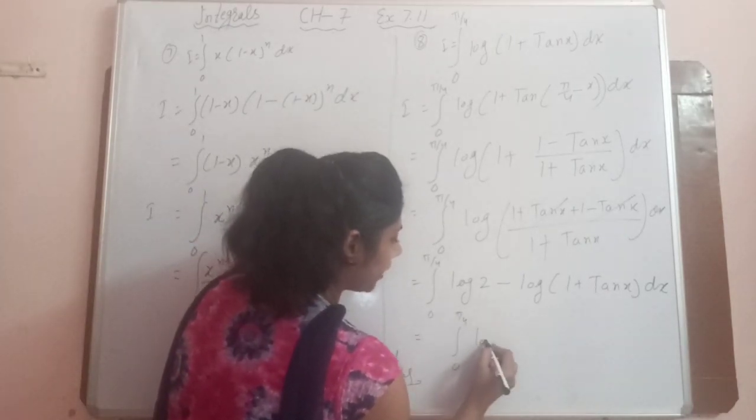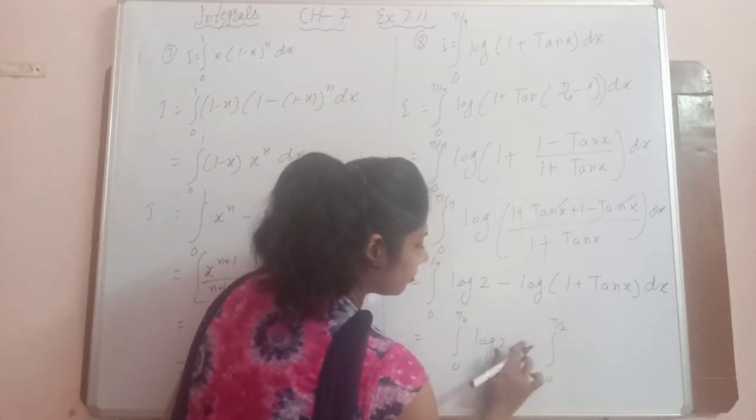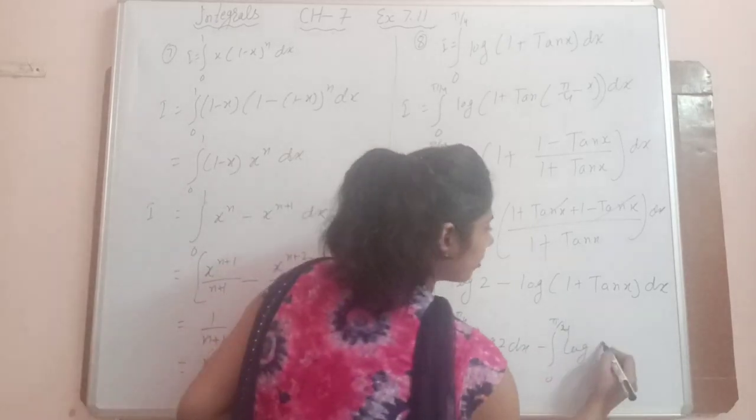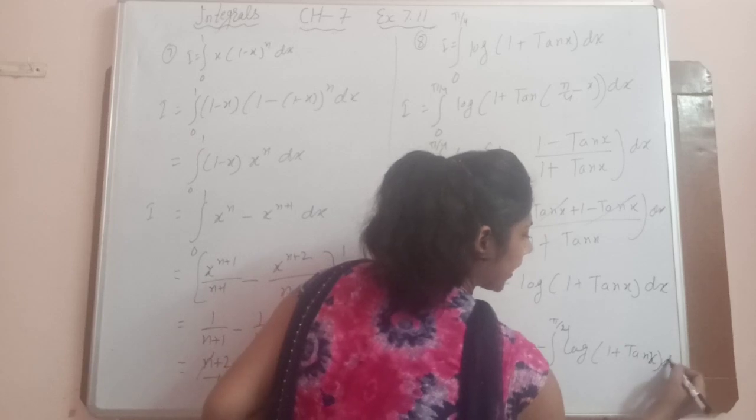Now break the integral. Minus 0 to pi by 4 log of 1 plus tan x dx.